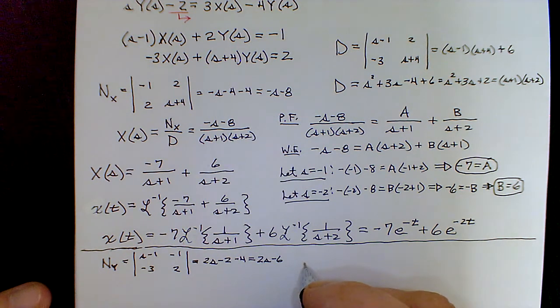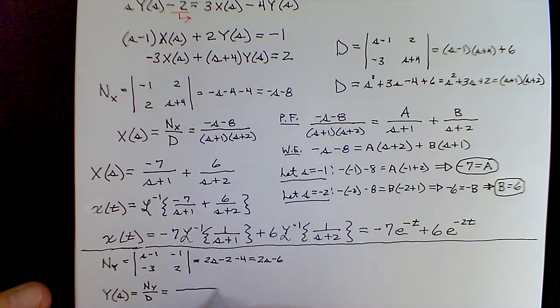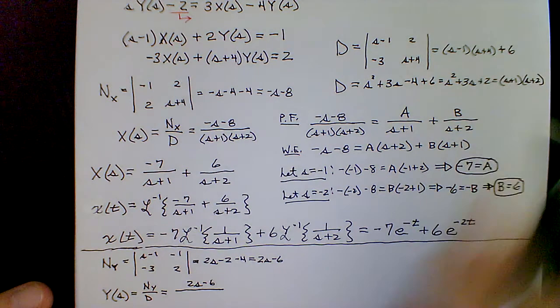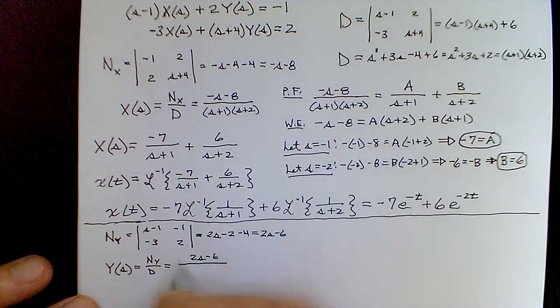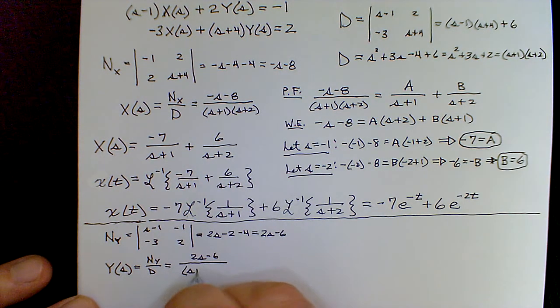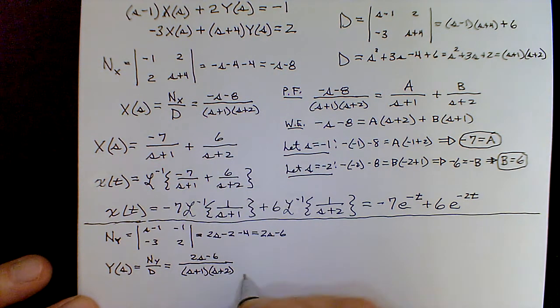And so that means that Y of s is going to be N sub y over D. So that's the 2s minus 6 over the D, which was this (s plus 1)(s plus 2), recall. And it looks like more fun with partial fractions.